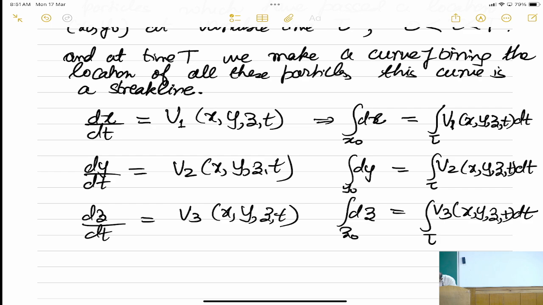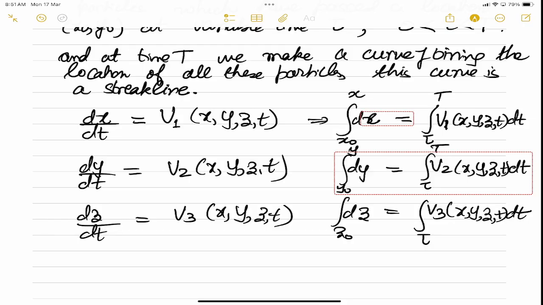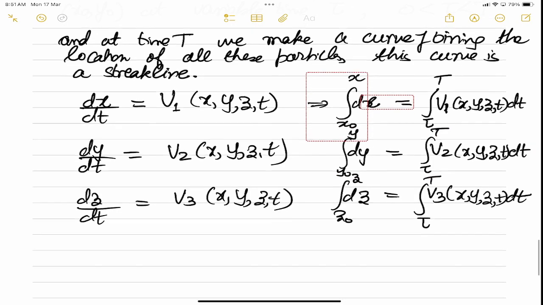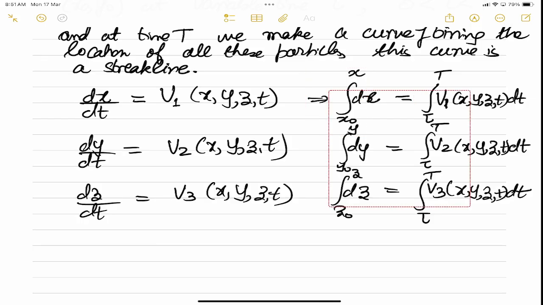And you are going to find the x here and you are integrating it up to t. So y and t, z and t. And this is how you will be able to solve it. So now capital T is constant.